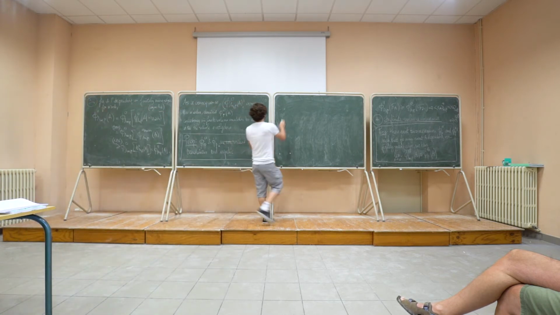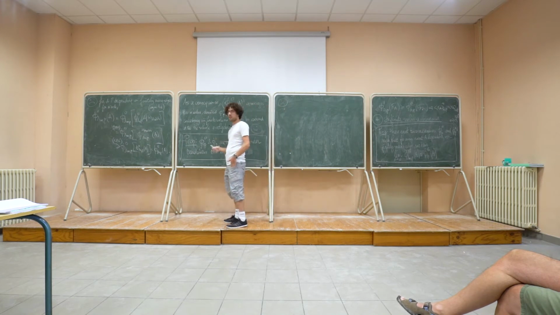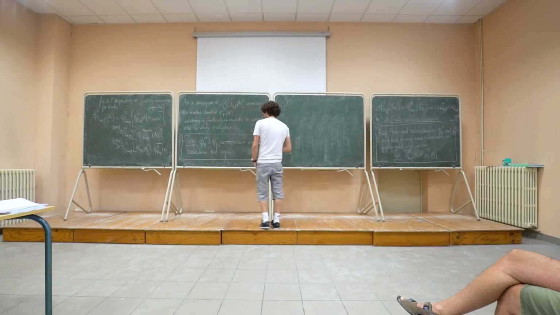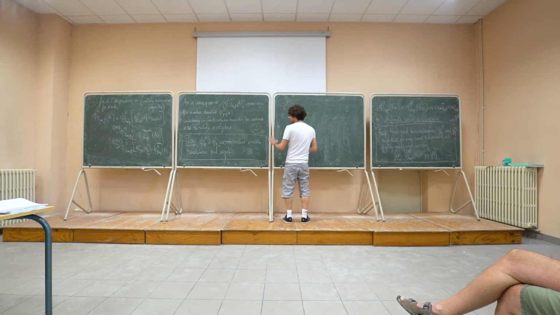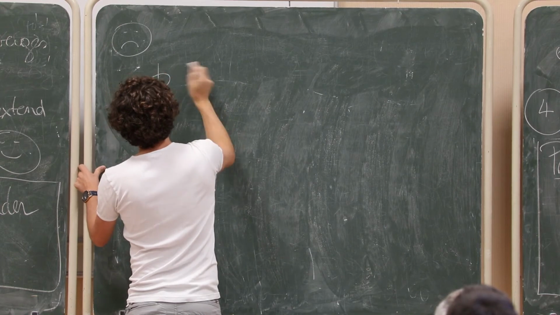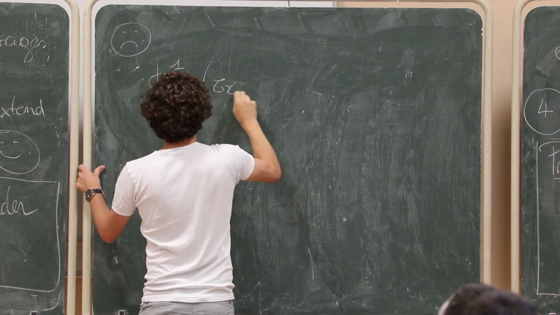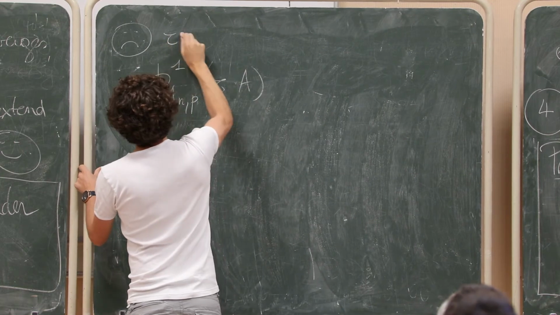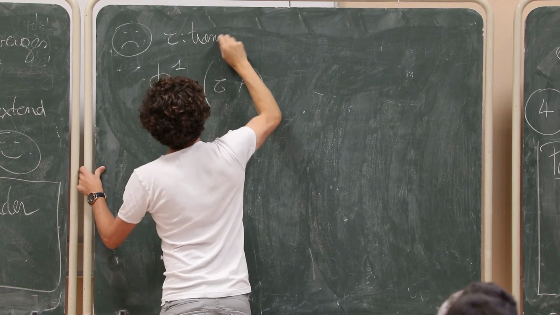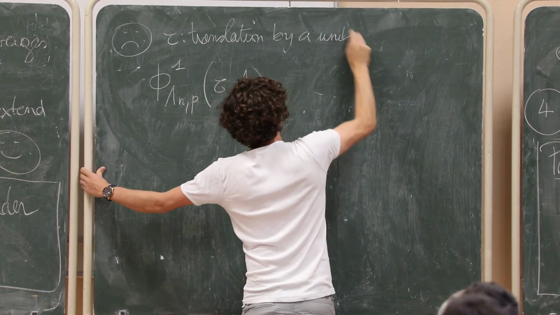So let's try to prove it. Let's say for phi 1, and you can try then to prove it for phi 0. For phi 1, invariance under translation is simply going to follow from the following fact: if I look at phi 1 lambda n p of tau x times A, where tau x is a translation by a unit vector.